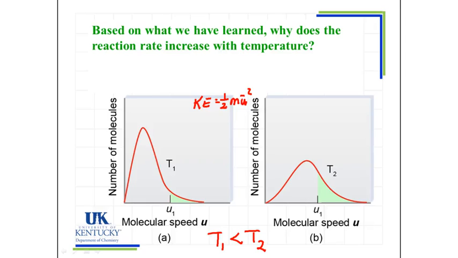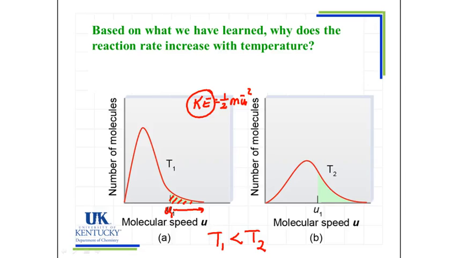We have to have enough kinetic energy to get over the mountain. And let's say that every molecule that has at least this speed or higher will have enough kinetic energy to overcome the activation energy barrier. So every one of these molecules, if they were to collide, could react and form products.